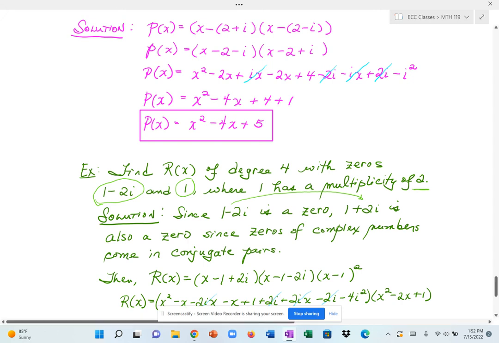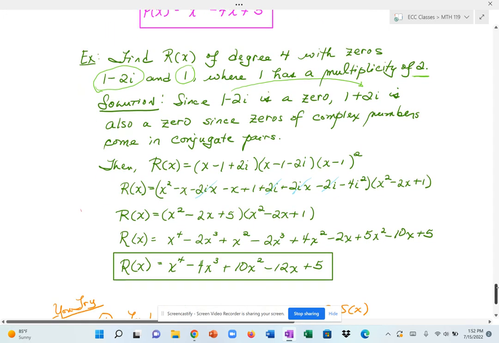So all of those zeros, all the ones that I know, now have to get organized in its complete factorization. The first one, 1 minus 2i, becomes x minus (1 minus 2i). The second complex number becomes x minus (1 plus 2i). And the 1 with a multiplicity of 2 is written as x minus 1 to the second power. Just like previous examples, I now need to expand that out, multiply out these factors.